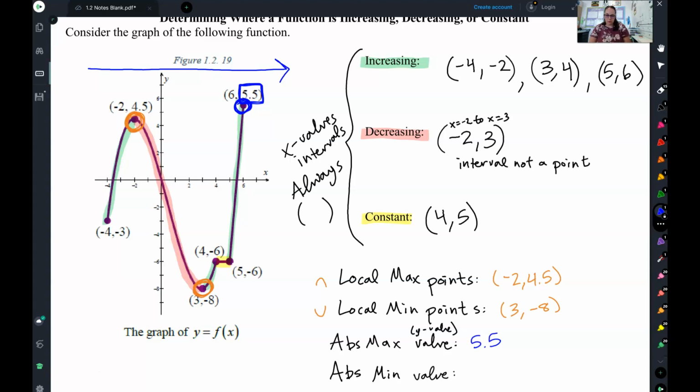And the absolute minimum y value, that is right there, absolute lowest point. And again, we want the y value, so that is -8. So hopefully that helps you clarify increasing, decreasing, max and mins. We have one more video to go where we're going to put everything we learned this lesson together in one final example.